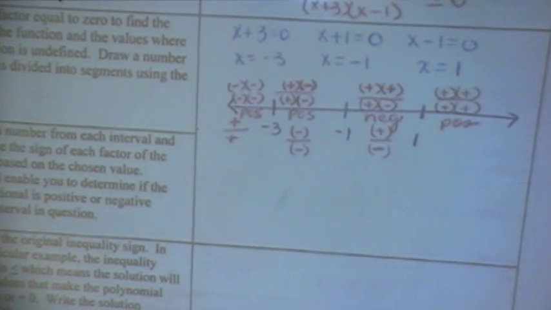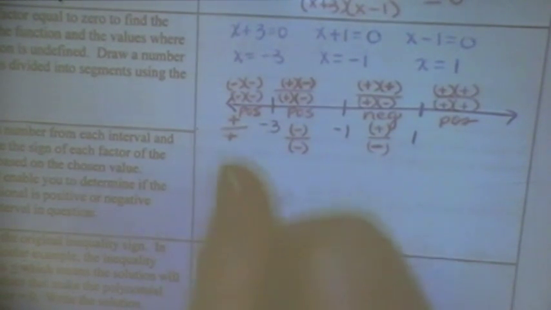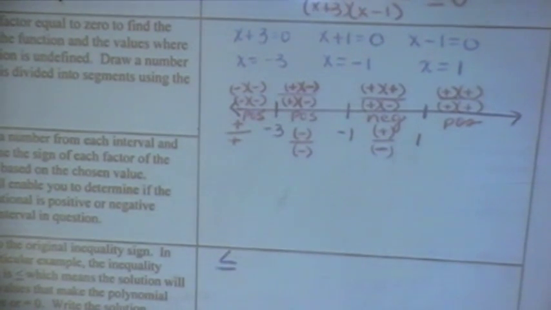Write the solution intervals. Now, here's where you have to be a little bit careful, because I do have a less than or equal to sign, which means I could potentially have brackets, but I have to keep track of what was an asymptote and what was not an asymptote, because asymptotes can't ever have brackets.